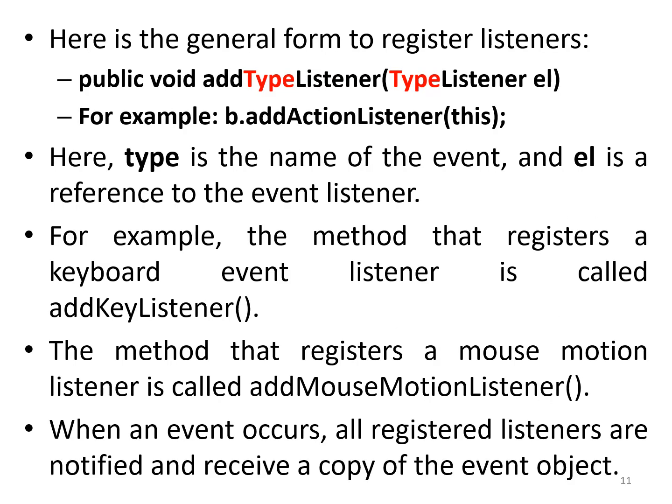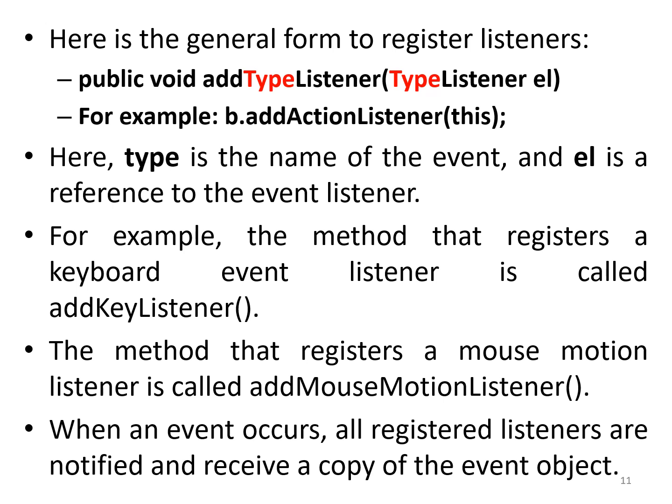You can see one example here. When you talk about registering listeners, we have a method: public void add, then the type, then Listener. For example, you are using a button, right? So we have this component as b dot addActionListener, if it is a button.